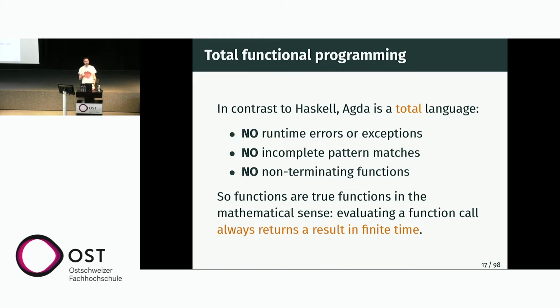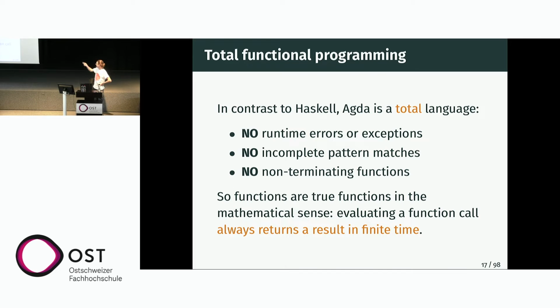Then let's head into some more of the differences between Agda and Haskell on a more semantic level, or more fundamental differences between the type systems. I think the biggest difference here is that Agda, in contrast to Haskell, is a total language. And what does that mean? Well, that it's extra pure, so it allows even fewer side effects than Haskell.